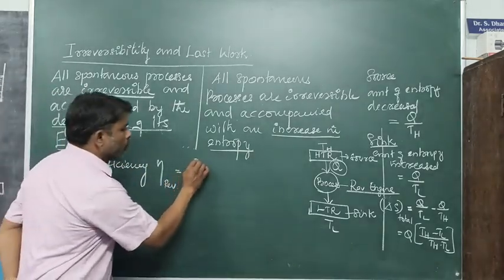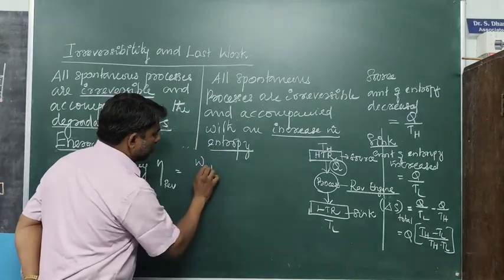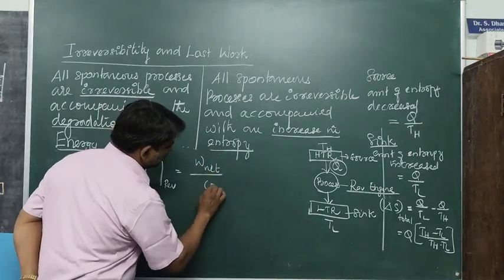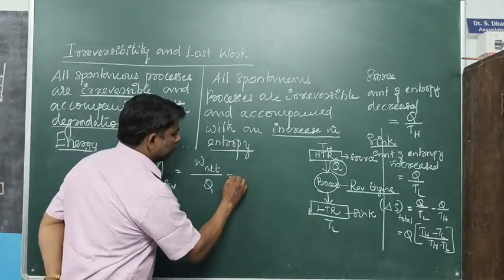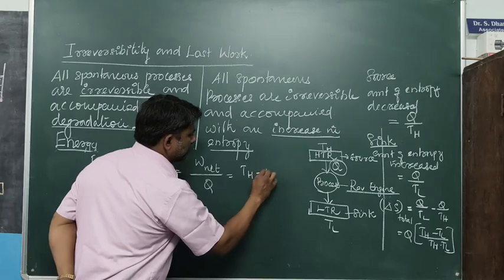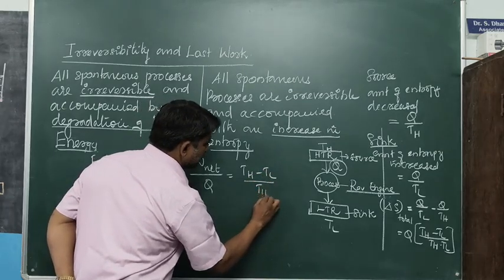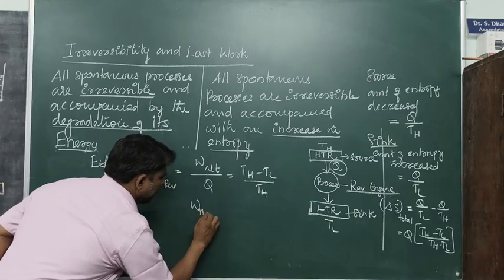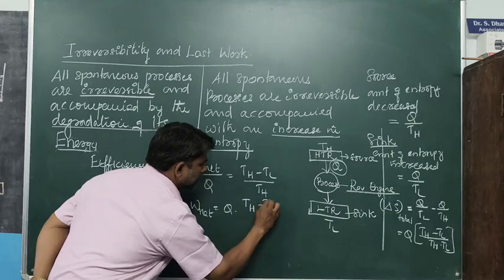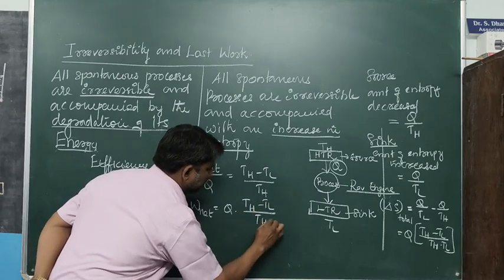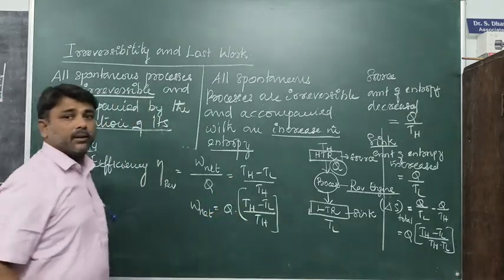Efficiency becomes net work divided by heat absorbed. This is equal to (TH minus TL) divided by TH. So net work is equal to Q into (TH minus TL) divided by TH. Clear? Right?